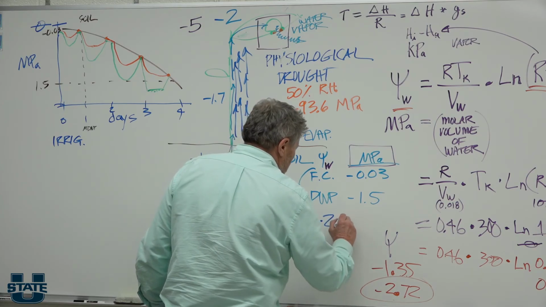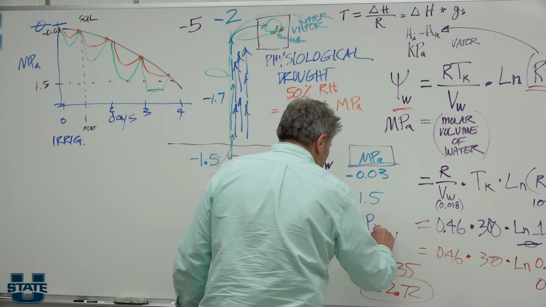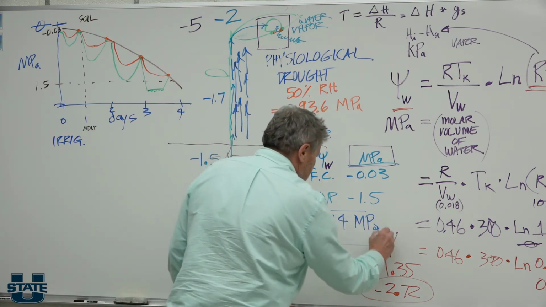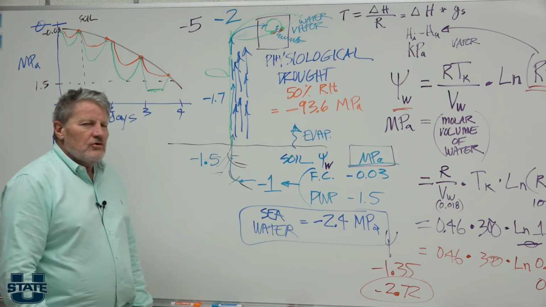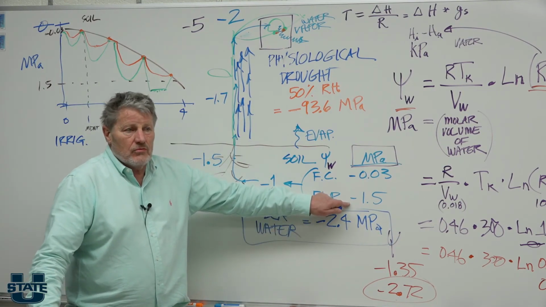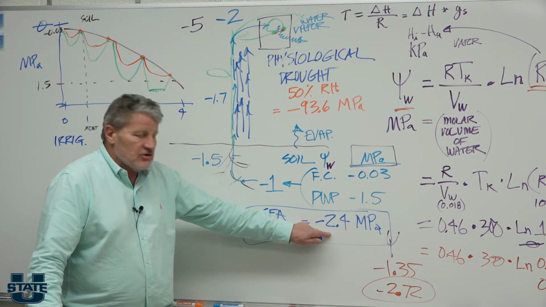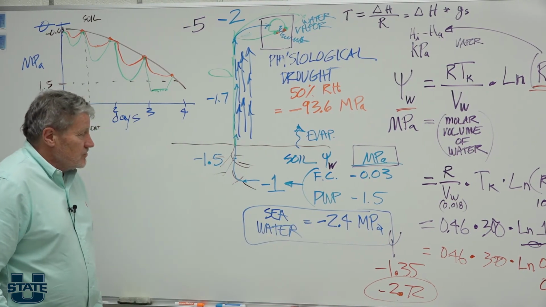Minus 2.4 megapascals. I'm gonna put that in a box. No wonder we can't water with seawater. It's well below permanent wilting point. And it's why we can drink seawater, but it won't hydrate us. It's too negative for us as well.